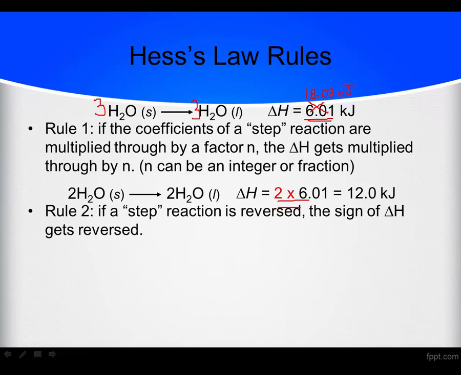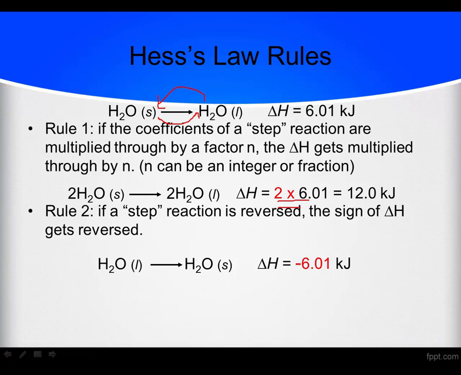For instance, if I flipped around this H2O reaction at the very top, I could flip it so that it starts out as a liquid and ends up as a solid. That's flipped, right? I basically took the reactants and wrote them as products, and took the products and wrote them as reactants. The liquids are over on the left side, the solids over on the right side instead.